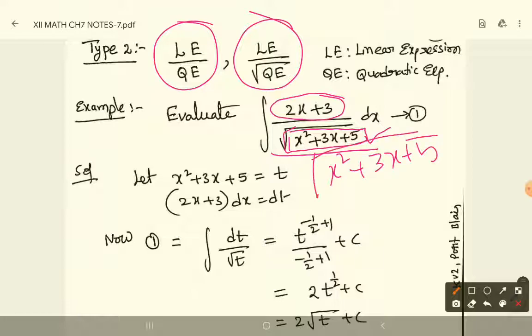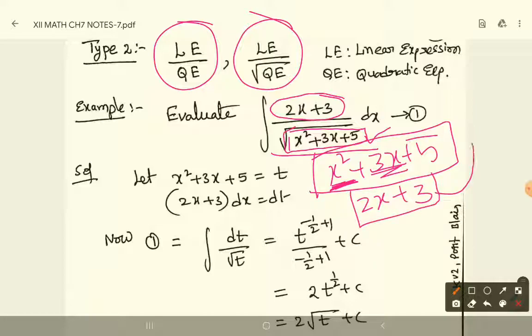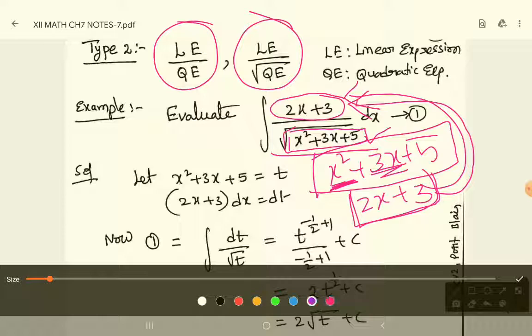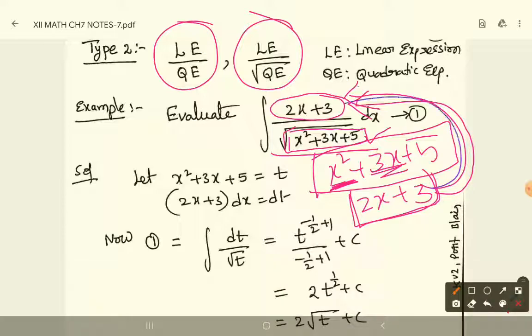I differentiate: x square derivative is 2x, 3x derivative is 3. See this one, is the derivative there in the numerator or not? The first thinking is: the denominator is quadratic, so the derivative of that quadratic is linear. We check whether that linear is present in the numerator or not. Yes, it is present for this question.